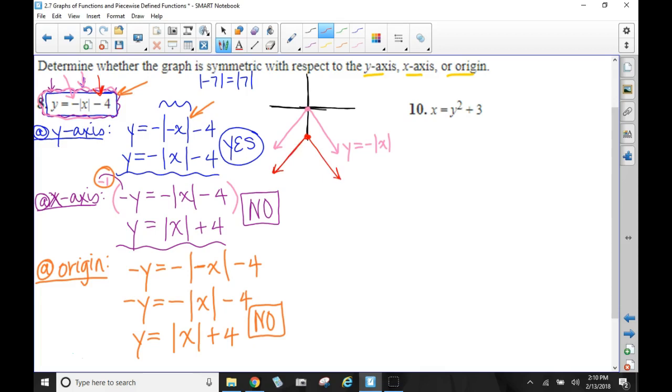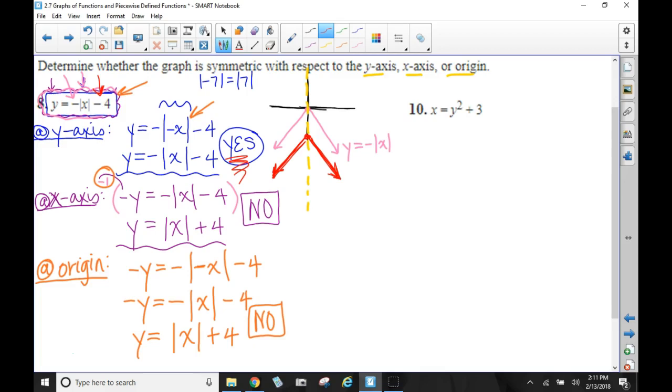Look at this red graph right down here and think about what types of symmetry you see. Well, I see symmetry about the y-axis. If we were to fold our paper along that dashed yellow line, one part of our graph would lie on top of the other part of our graph. And so then we would know that we have symmetry about the y-axis. That's what it means.